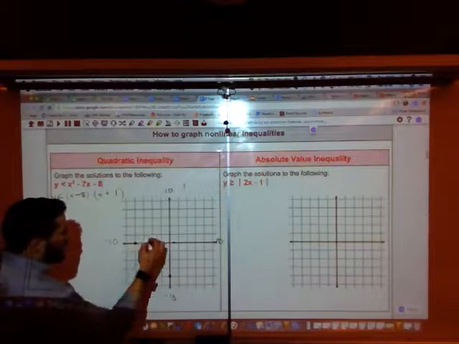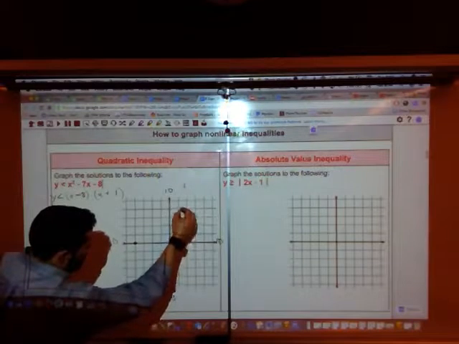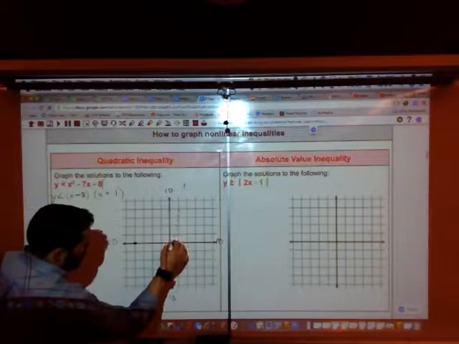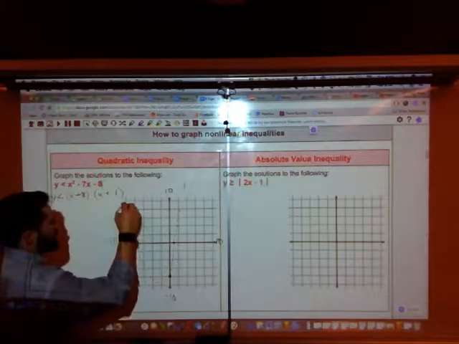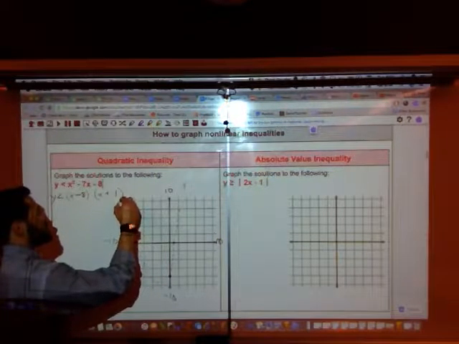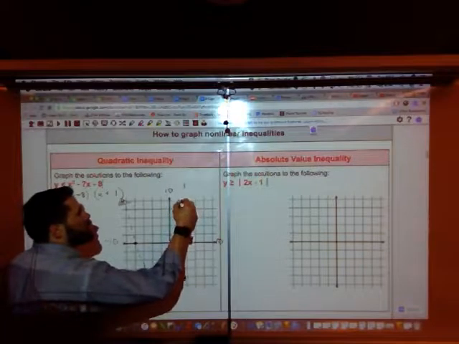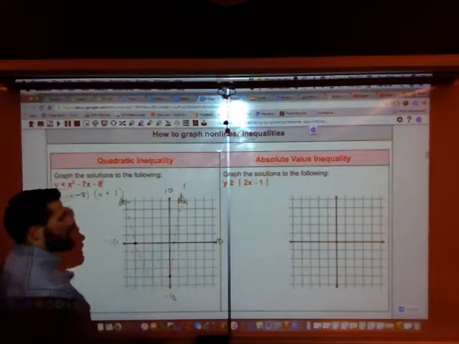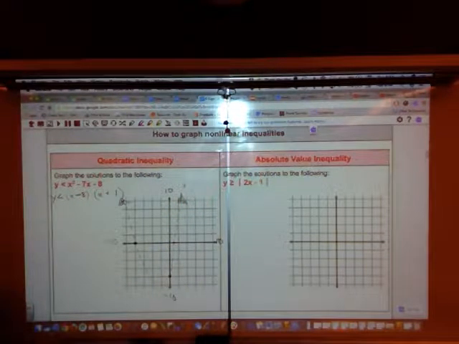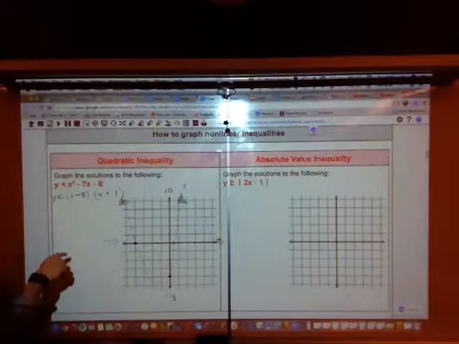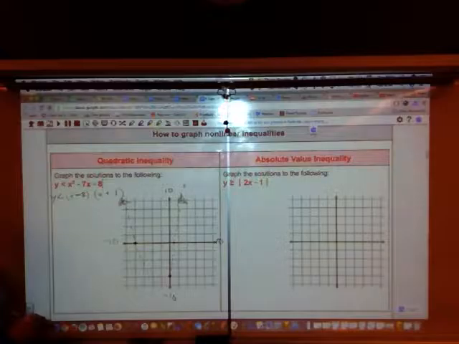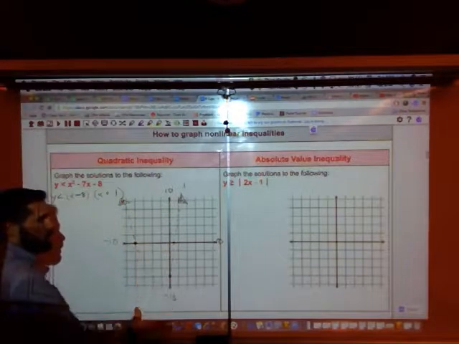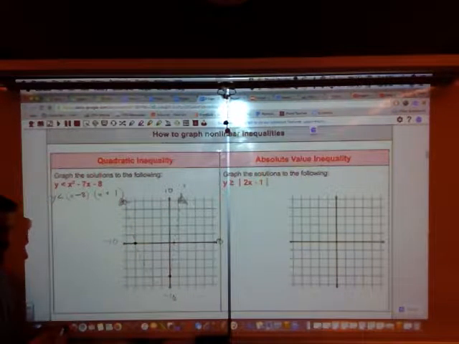So I would go ahead and draw it. There's my dotted line, my boundary line for this. It's a rough sketch. It's not perfect. Now all the solutions are anything less than this, so less than this would be anything below the boundary line.